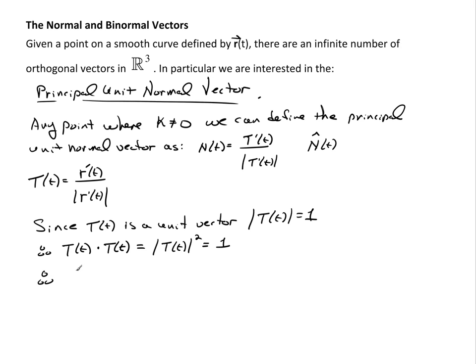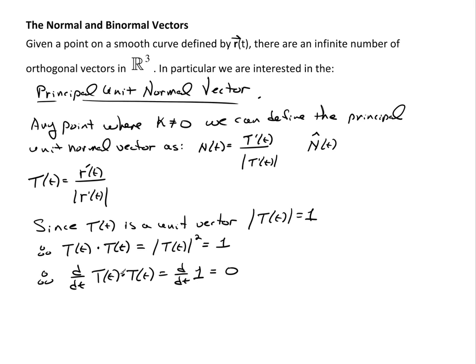Therefore, I can say that d/dt of T dot T is going to be equal to d/dt of 1, which is of course 0.